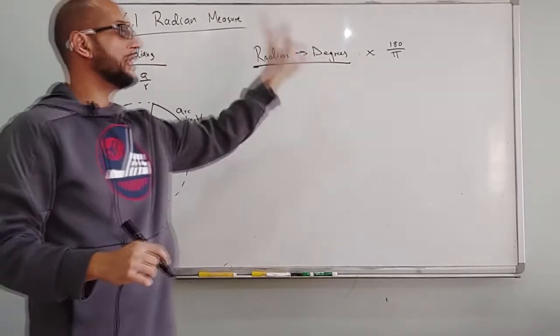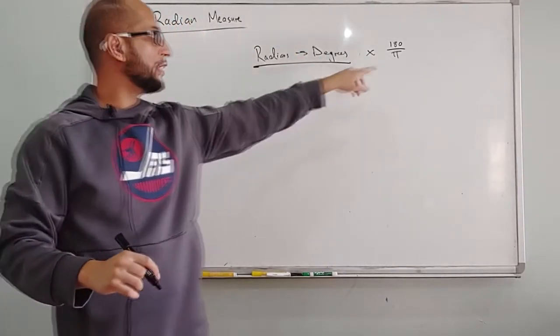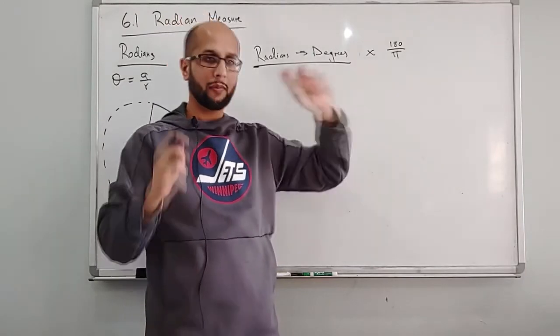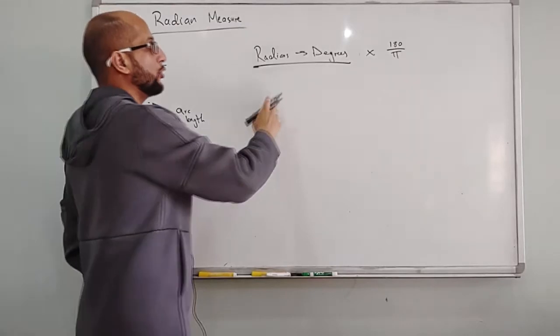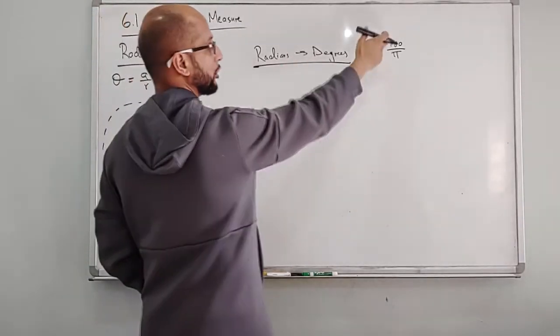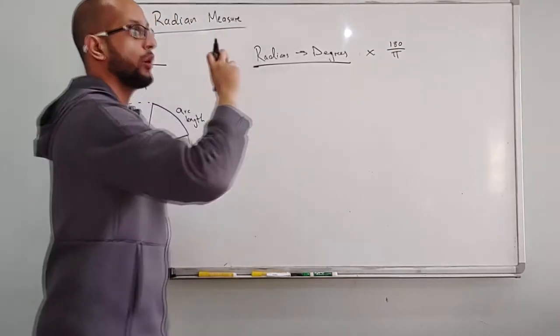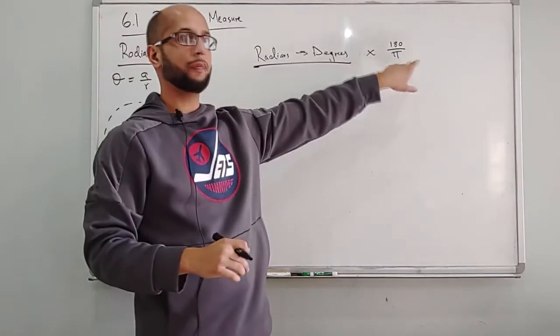So to go from degrees to radians, it's pi over 180. To go from radians to degrees, it's 180 over pi. Just remember, it's 180 and pi is what you're using to convert. When you want the answer to be in radians, there should be a pi. So the pi is at top. When you are converting to degrees, you're getting rid of the pi. So you put the pi at the bottom.